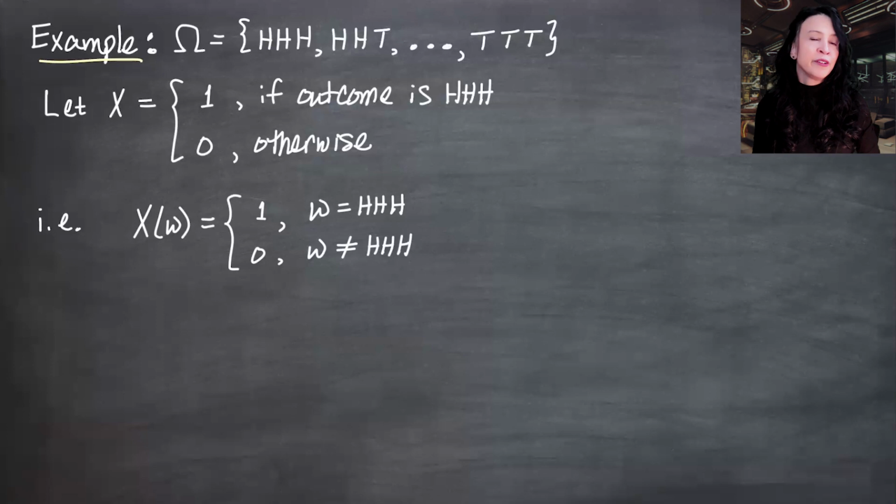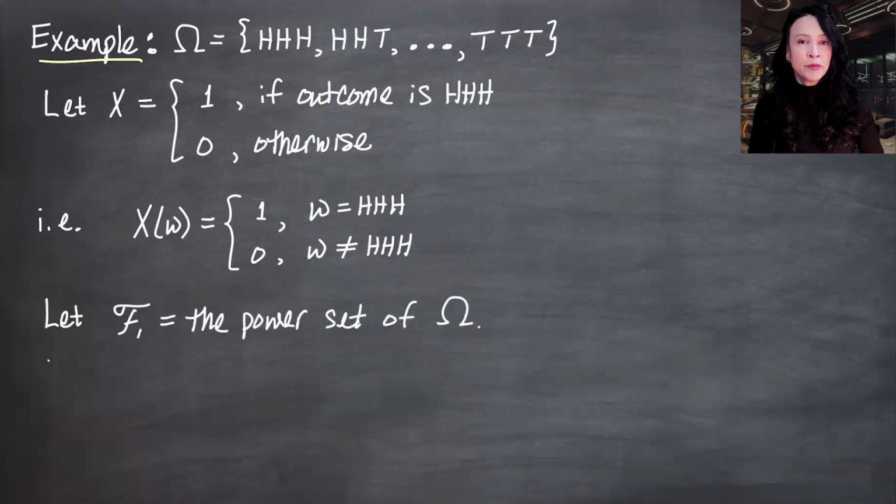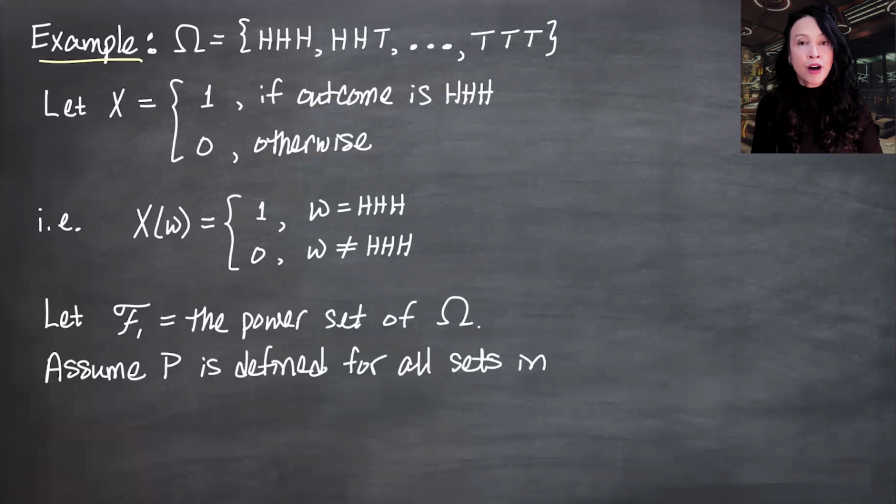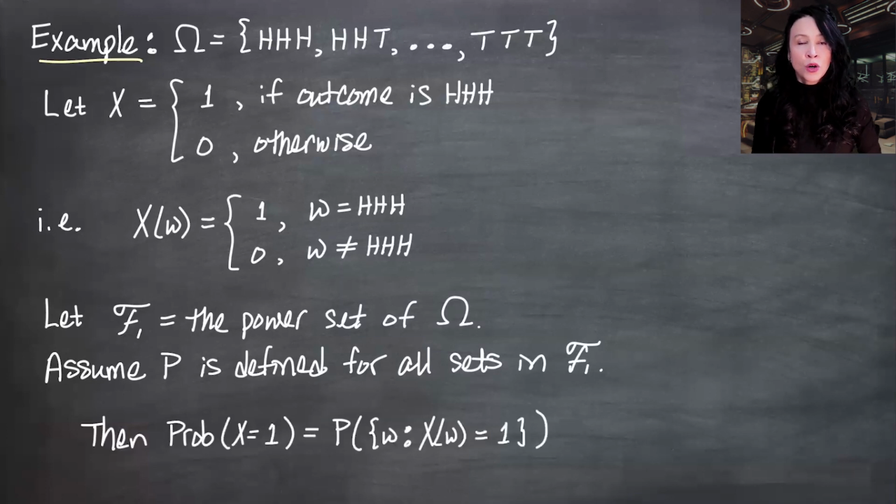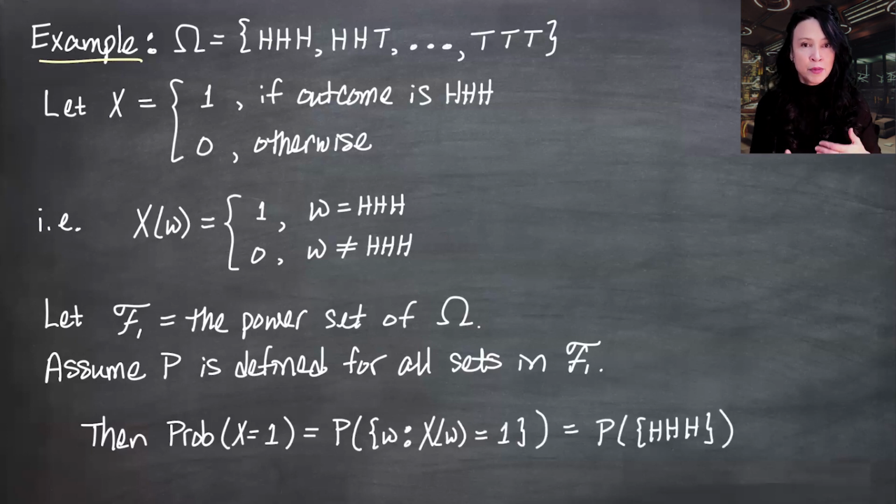I'm going to look at a sigma field. I'm going to look at a couple of them. So I'm going to call this curly F1, and this is going to be defined as the power set on Omega. So that's the set of all possible subsets. I'm going to assume that we have a probability measure defined for all sets in curly F1. Now, the probability that, say, X is 1 corresponds to the probability that the experiment resulted in heads, heads, heads.